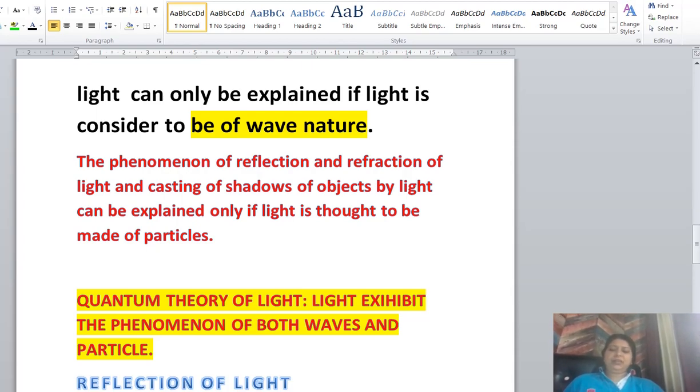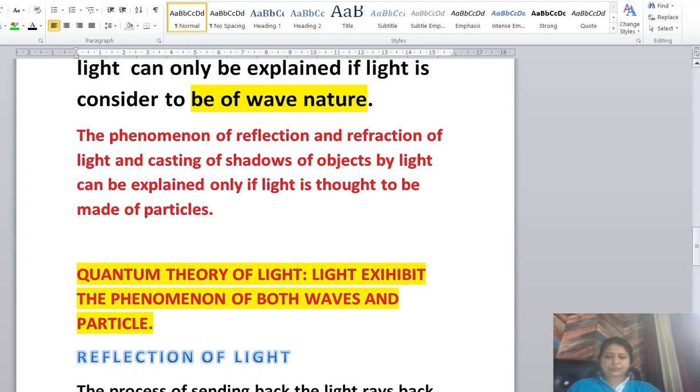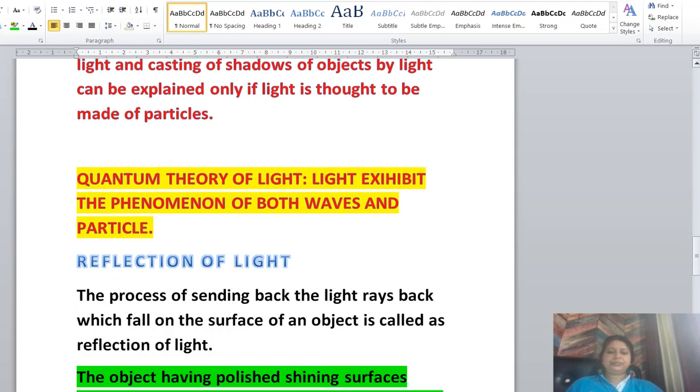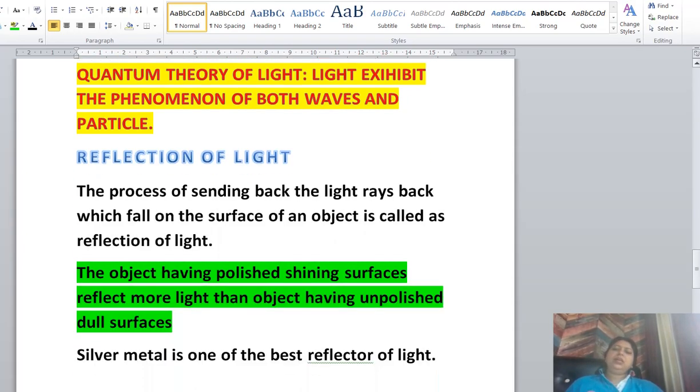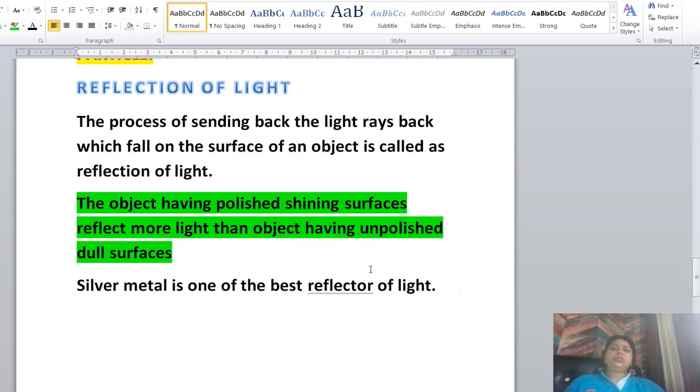Now we will explain reflection of light. ये क्या है reflection of light? The process of sending back the light rays which fall on the surface of an object is called reflection of light.